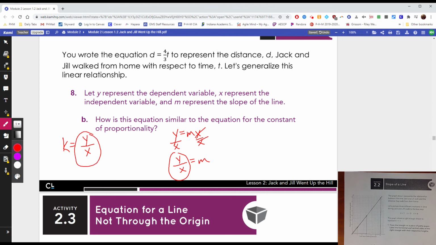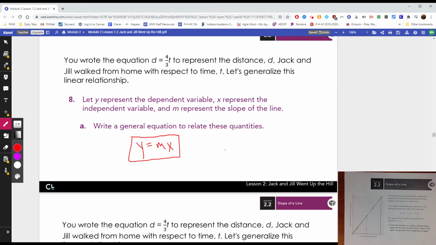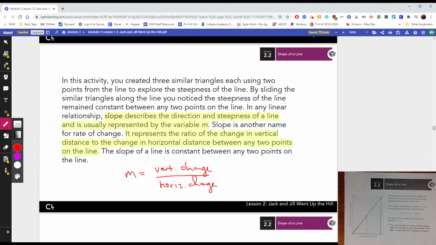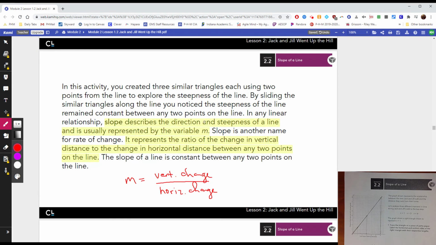So m is equal to the change in y over the change in x, just like the constant of proportionality was the ratio of y's to x's. So that wraps up this activity. We learned once again that slope describes direction and steepness, and it is a ratio of vertical change to horizontal change. Have a great day, everyone.